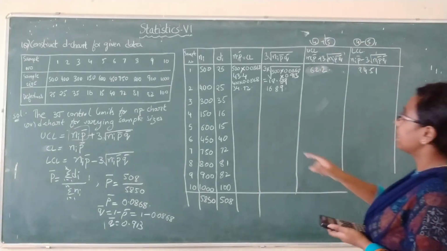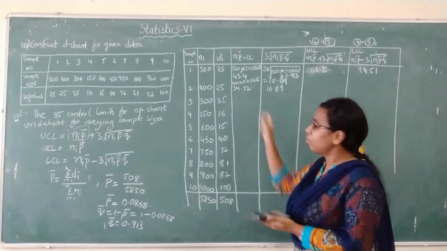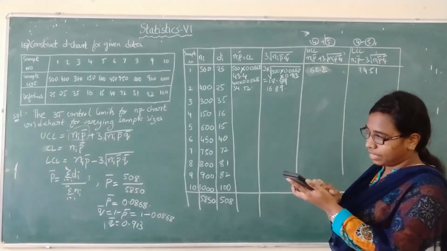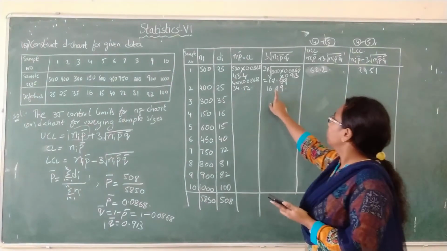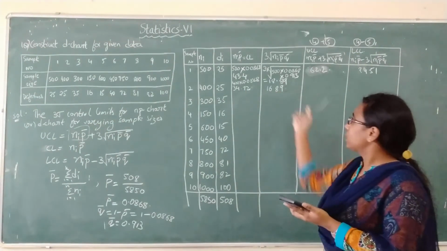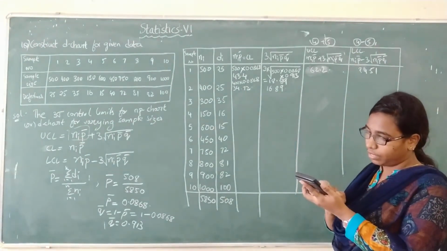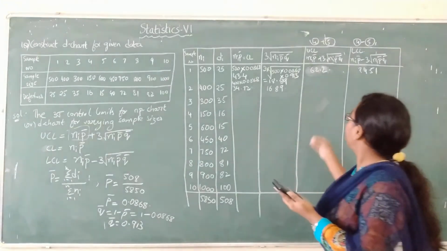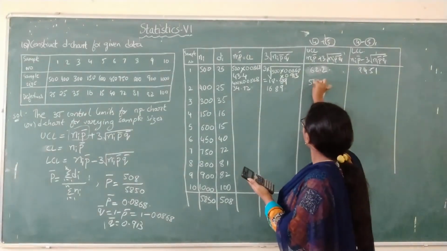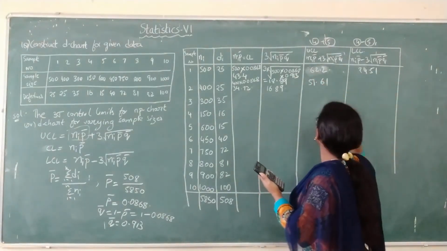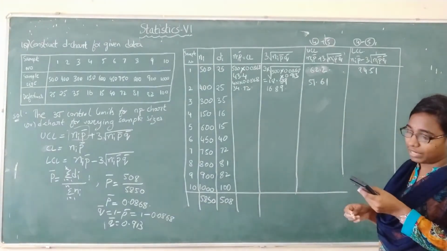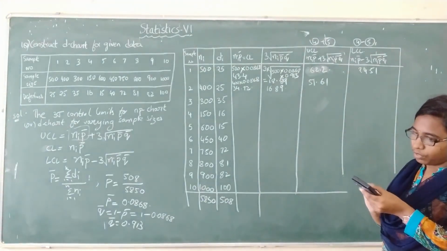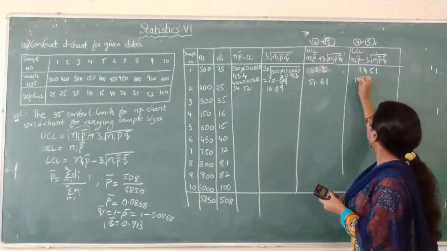So what is the second sample? Column 4 value 34.72 plus the corresponding value 16.89. You will get 51.61 as the second UCL value. Similarly, put minus and you will get 17.83.